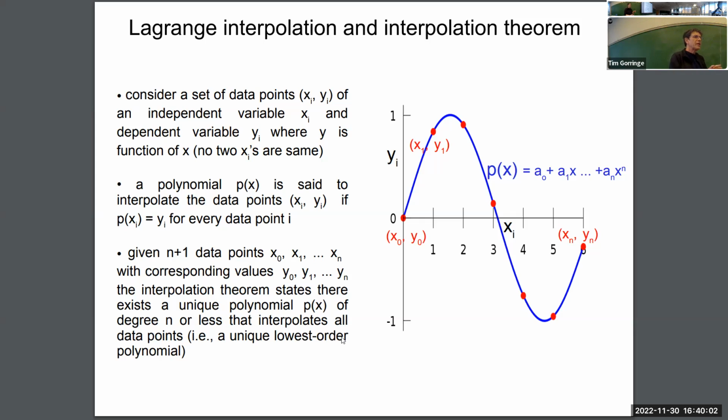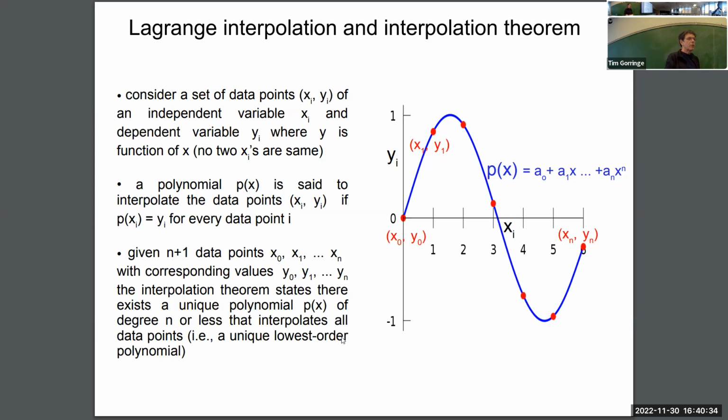If you had 3 data points, then the interpolation theorem says that there's a unique polynomial, a quadratic in general, that would pass through those 3 data points. The interpolation theorem is just a generalization of that.